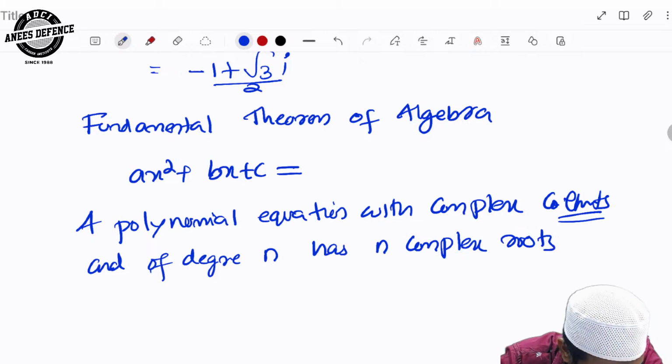That is the fundamental theorem of algebra. A polynomial equation with complex coefficients and of degree n has n complex roots. Similarly, a polynomial equation with real coefficients has at least one root in C.